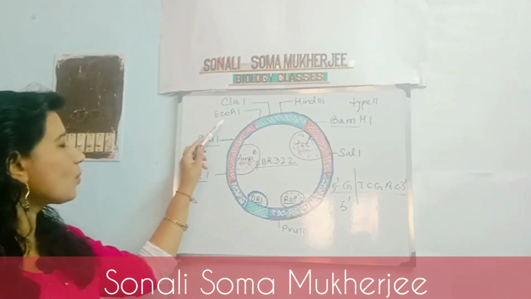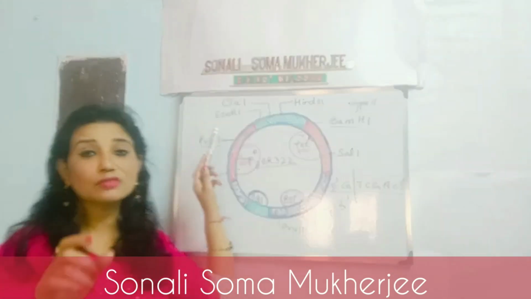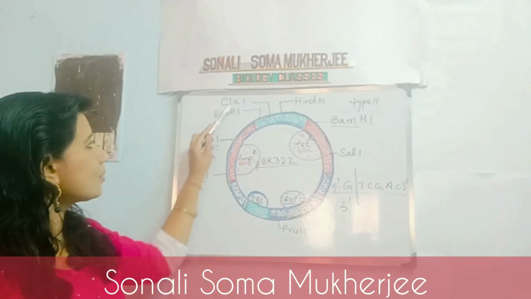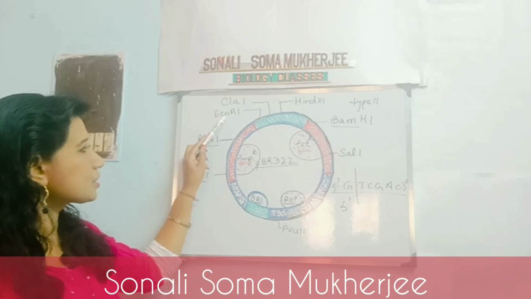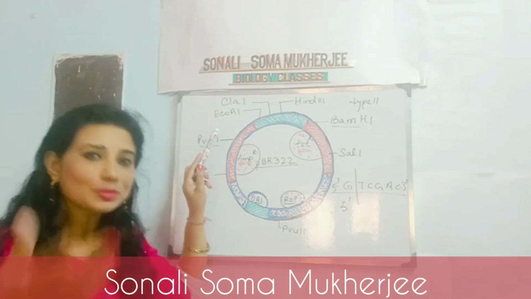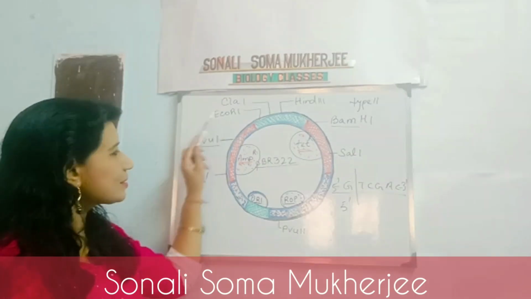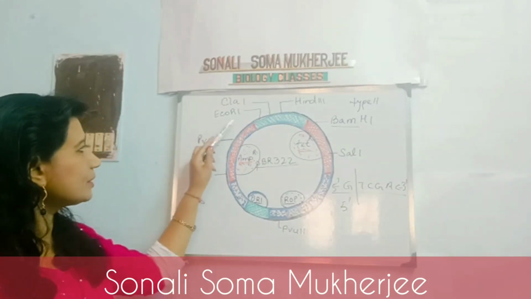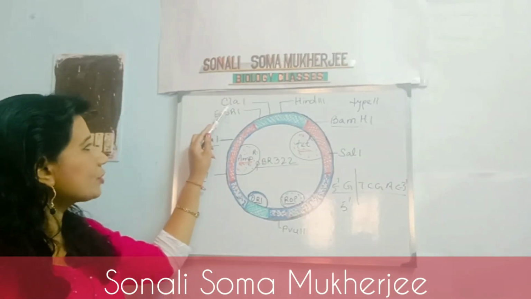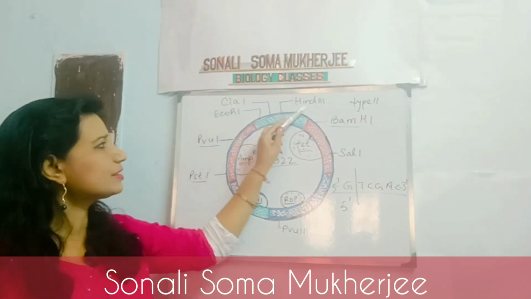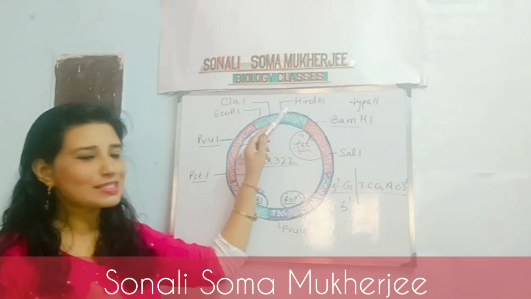Other than that, EcoR1 you already know, you are very well acquainted with this name, EcoR1, from Escherichia coli. Other people take the pronunciation in another way, I take it in that way. And this is Caryophanon latum. HindIII, a very familiar name, I have discussed this also.